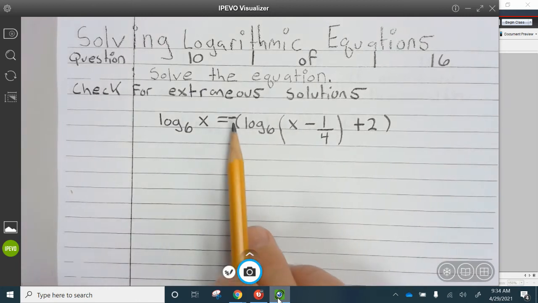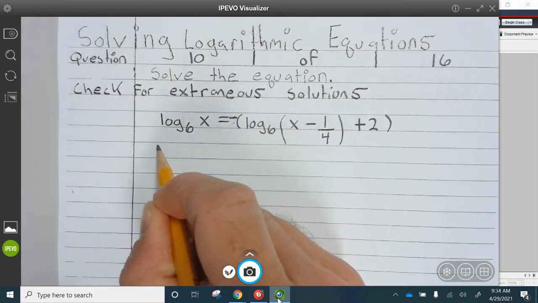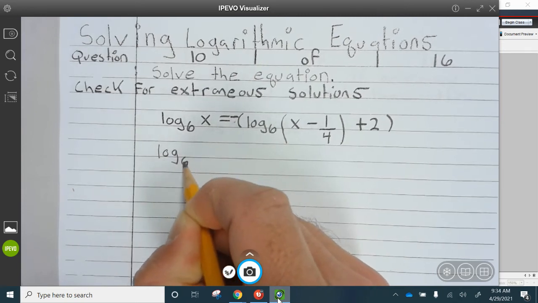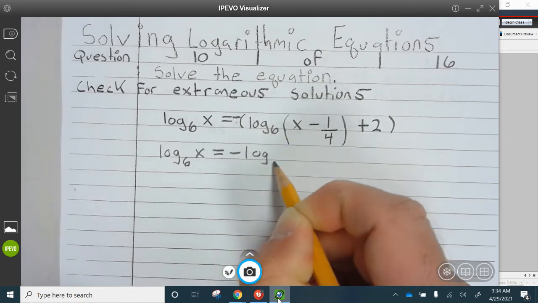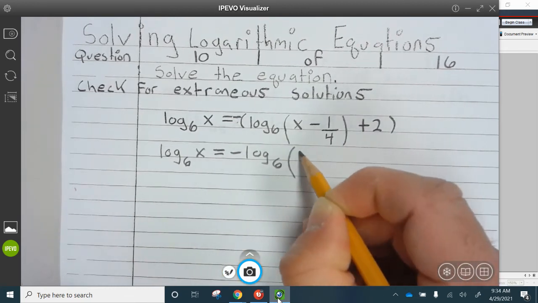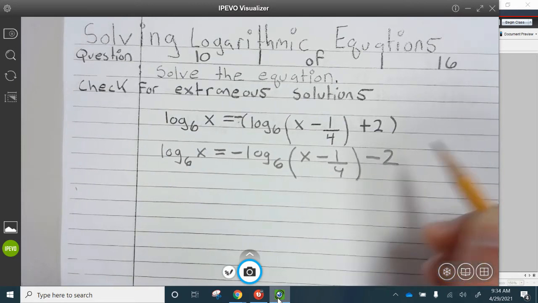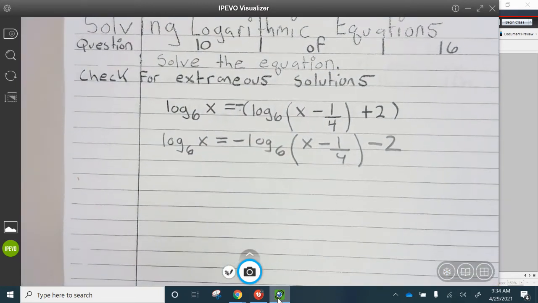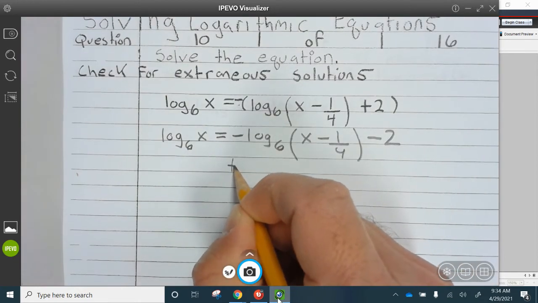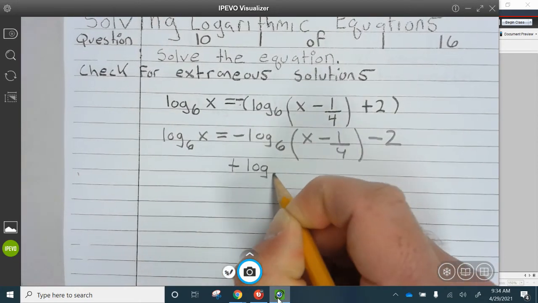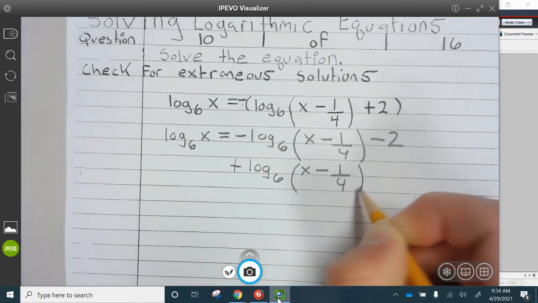So we need to distribute this negative first. So we have log base 6 of x equals, that's negative log base 6 of x minus 1 divided by 4 minus 2. Okay. Now we need to add log base 6 of x minus 1 divided by 4 to both sides.